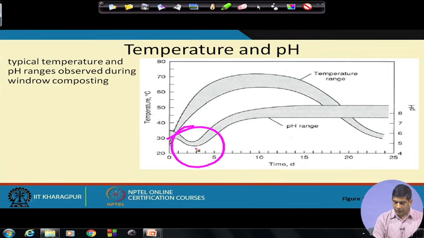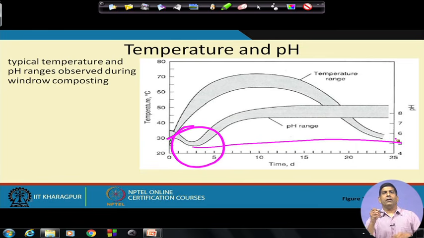So here, if you try to drag a line, it's around 5 point something. It's not a perfect line, but you can put a scale and do it. It will come to around 5 point something. So pH does go down, but then it starts back up. This range, pH around 7.5 to 8.5, is the pH range which bacteria really like.